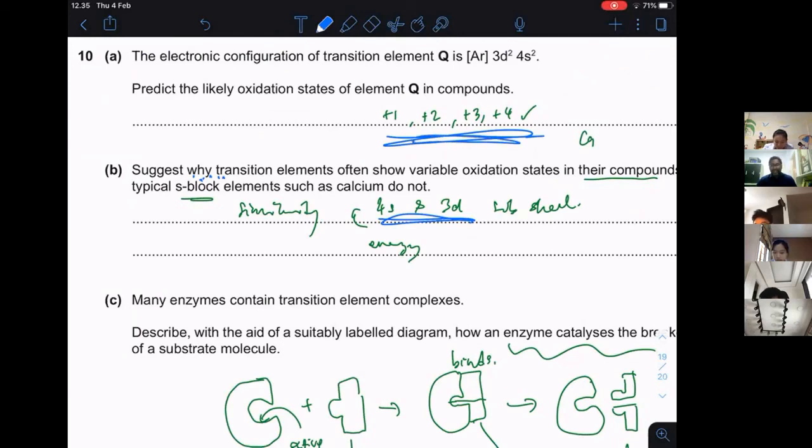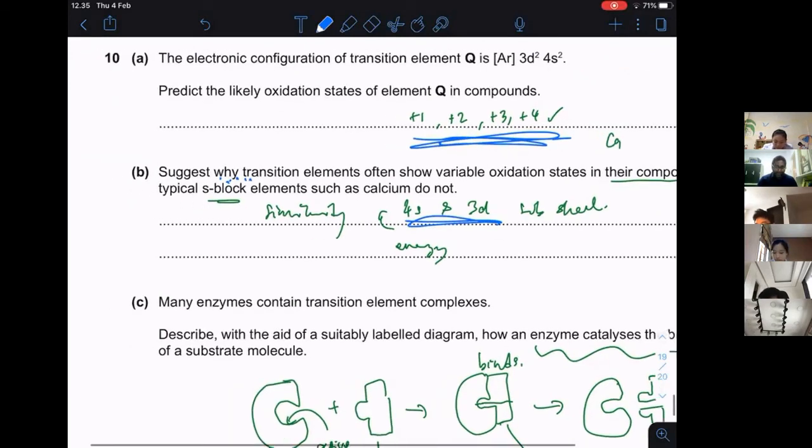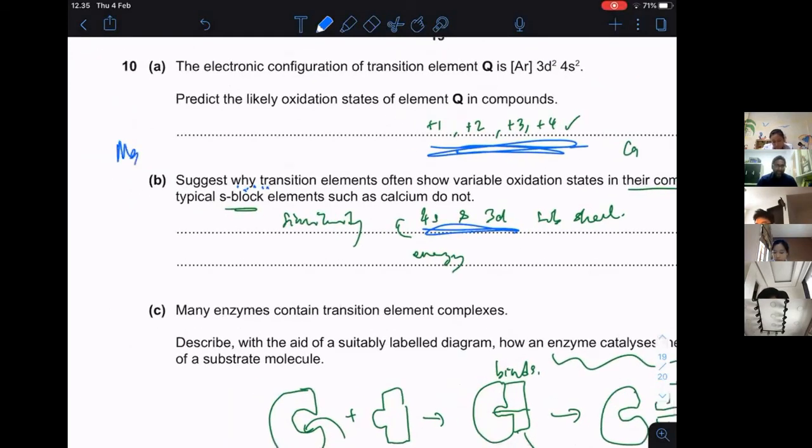To explain that, look at magnesium, group 2. If I remove one electron, then another, the ionization energy changes gradually for Mg plus and Mg2 plus. But when I remove a third electron from Mg, there is a big jump, because you are trying to remove from the inner shell, so you require a lot of energy.